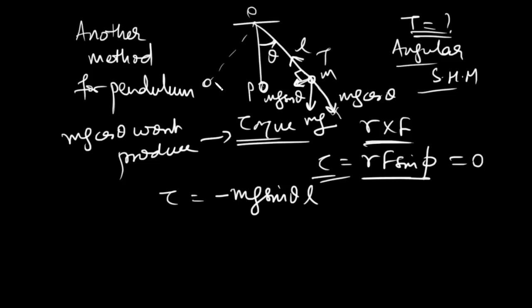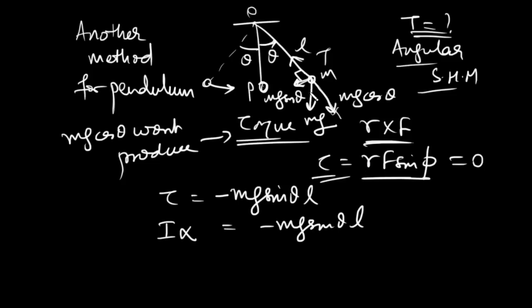Again, when it goes to the other extreme, it tries to come back. So the torque is bringing back the particle, and that is why the torque is negative. So torque is I alpha, as I earlier told you, this would be minus mg sine theta L.